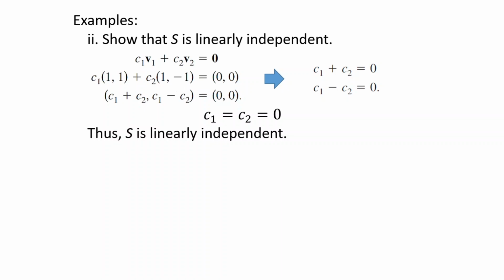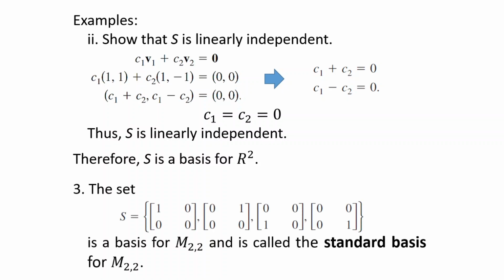Another example is the set S containing these matrices, which is a basis for M22 and is called the standard basis for M22, the set of 2 by 2 matrices.